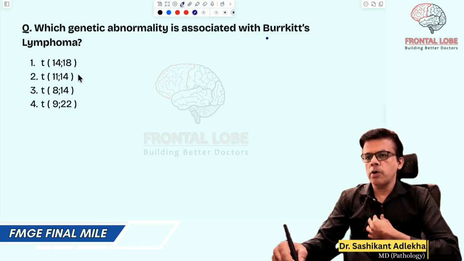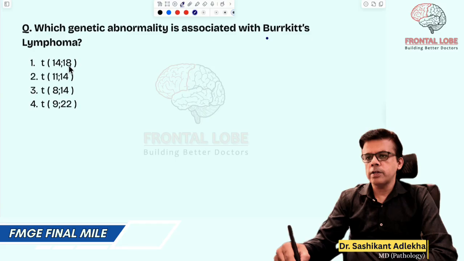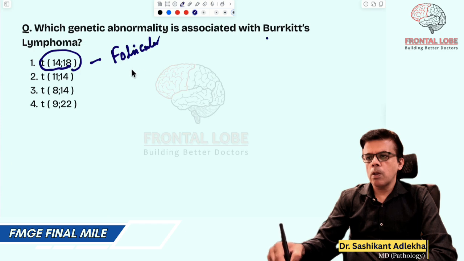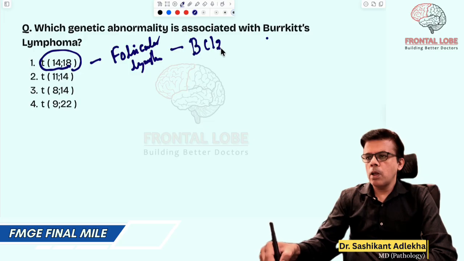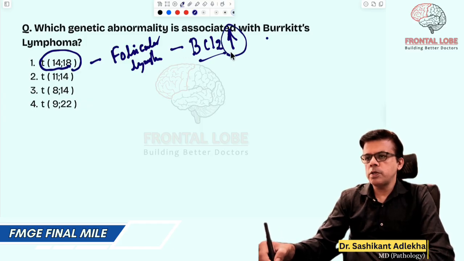So here the important thing is t(14;18) translocation. Let's talk about this. This is a characteristic feature of follicular lymphoma. As we discussed in the previous question, BCL2 is overexpressed. The t(14;18) translocation leads to BCL2 overexpression, and that leads to follicular lymphoma.